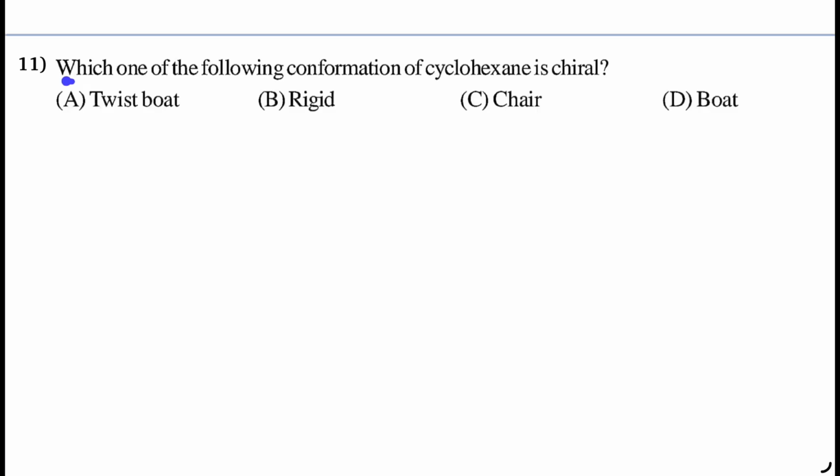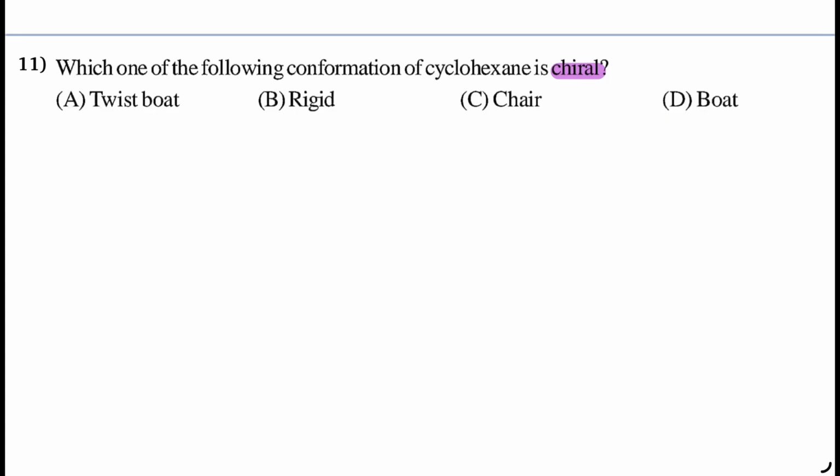Here the question is, which one of the following conformation of cyclohexane is chiral? He is asking about the chiral conformation of a cyclohexane. Here the options, the first one is a twist boat, second one is rigid, third one is a chair, and fourth one is a boat.